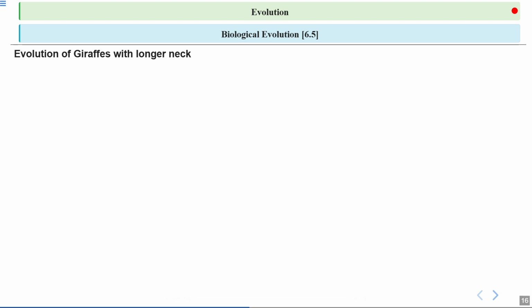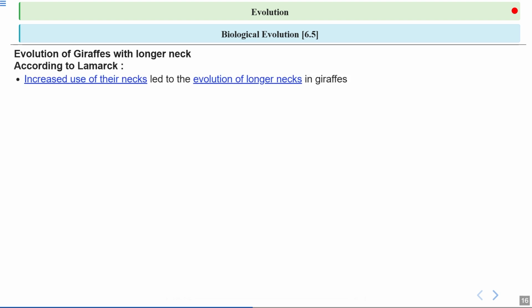Let's talk about the evolution of giraffes with longer necks. According to Lamarck, whenever you use an organ, this organ is selected in the next generation. So increased use of the giraffe neck led to the evolution of longer necks in the giraffe.